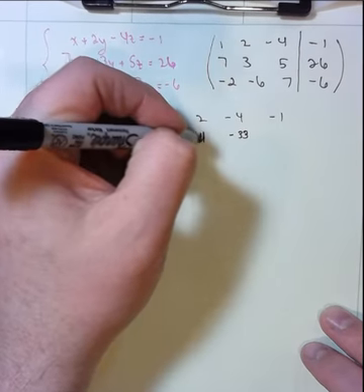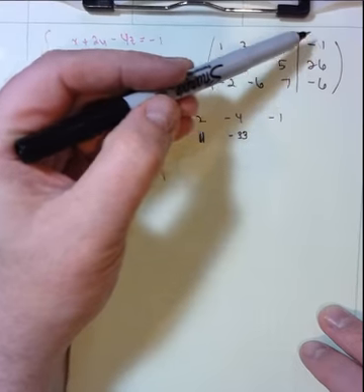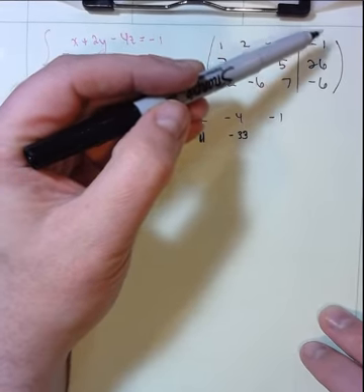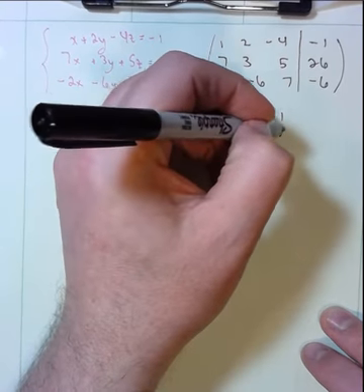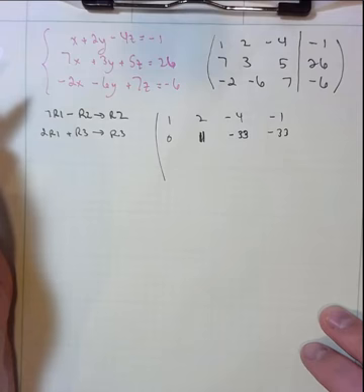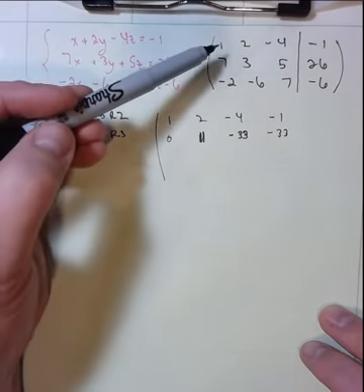Let me write this a little more clear that that's an 11. I don't want to forget that later on. And then the last entry, 7 of those minus that, so negative 7 minus 26. So we're getting some big numbers, but I can already see how we're going to clean that row up pretty quickly.